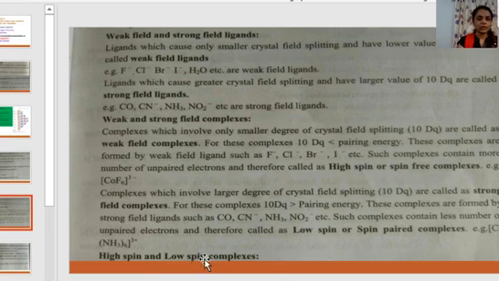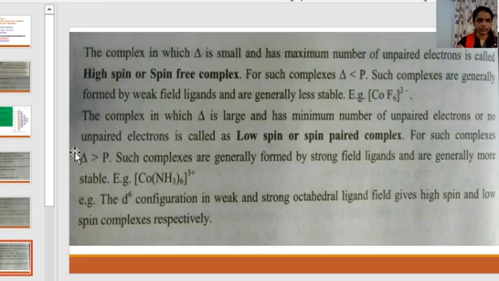High spin and low spin complexes. The complex in which delta is small and has the maximum number of unpaired electrons.